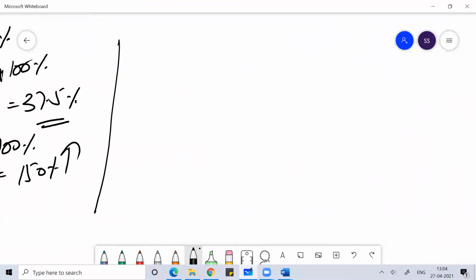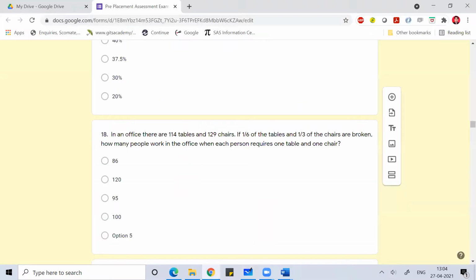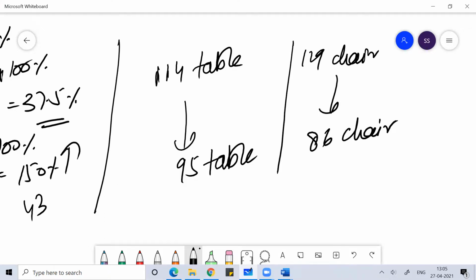You had 114 tables, 1/6 broken, so 95 are good. You had 129 chairs, 1/3 broken, so 2/3 are good. 1/3 is 43, 2/3 would be 86. So you have 95 tables and 86 chairs in good shape on which you can sit and work.